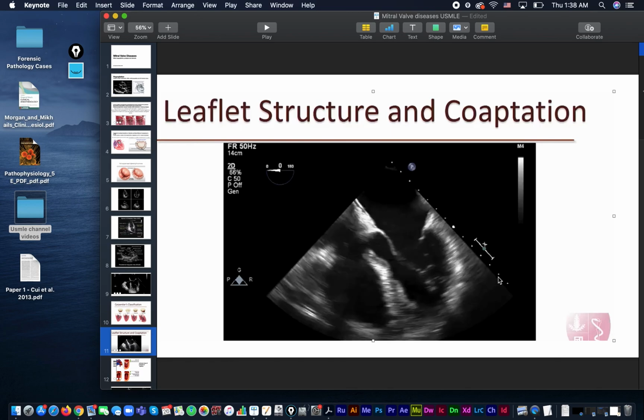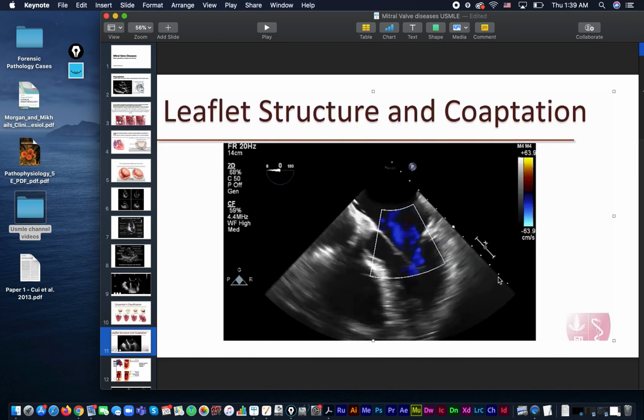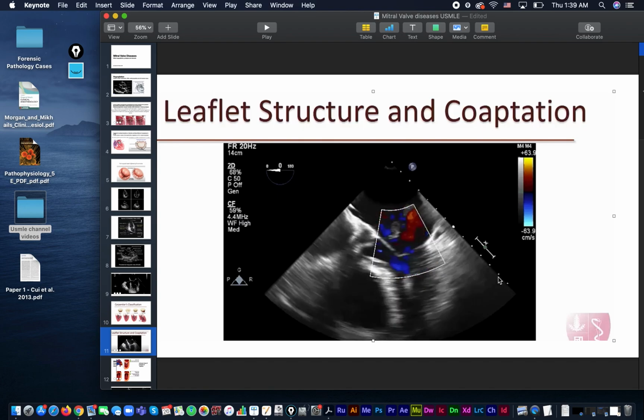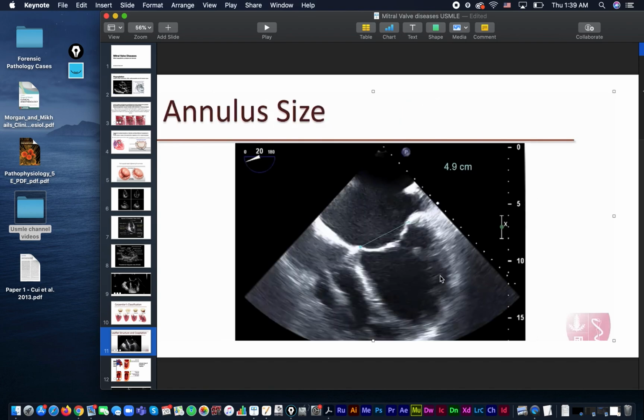And you'll see all this blue stuff going right back into the left atrium because the leaflets are just not connected to anything. It's almost all blue. Look at that. That is some severe prolapse. Here, this just shows the annulus size is about 5 centimeters normal. And if it stretches out over that length, that's what causes disease.